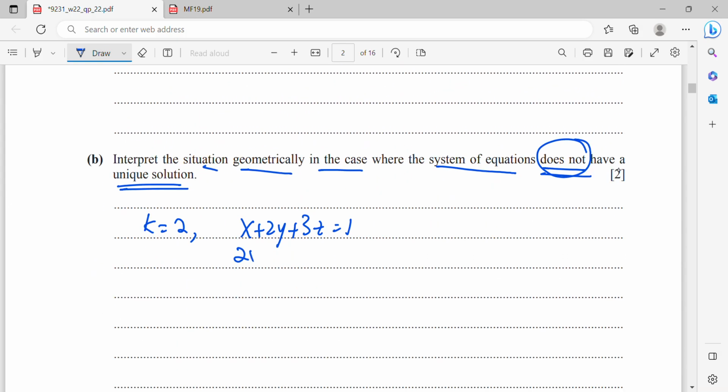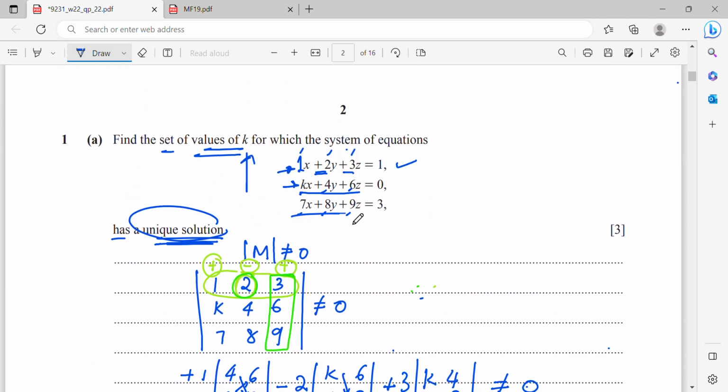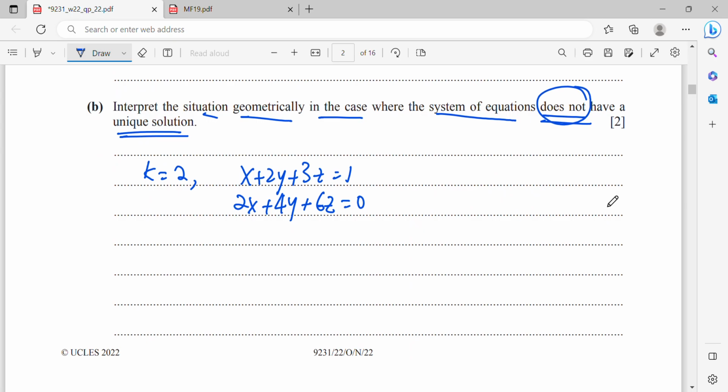So 2, 4, 6 will be the coefficients for x, y, z. Then the third equation will be 7x plus 8y plus 9z equals 3.